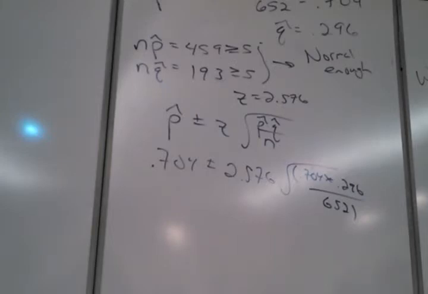So it would be 0.704 times 0.296 divided by 652, then you close it. If you close it too early, everything after is outside the square root. Garbage in, garbage out. If you have one of the new ones where the square root symbol grows, good for you. Sorry, I'm jealous.